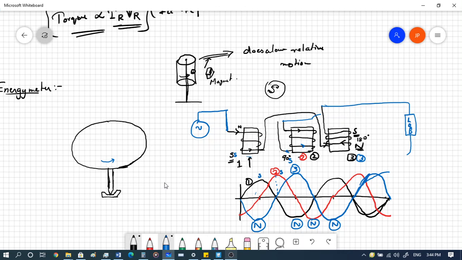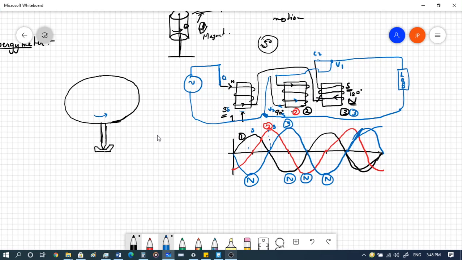Let's say you connect it to one of these points, and the other one you can connect to the bottom, right? So you can connect it to the load over here, right? So basically this is the same connection as in the case of a wattmeter. So you have your V1 over here, V2 over here, C1 over here, and C2 over here, right? It's very simple. It's the same connection diagram of a wattmeter.